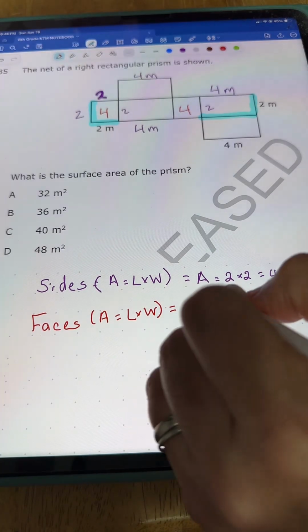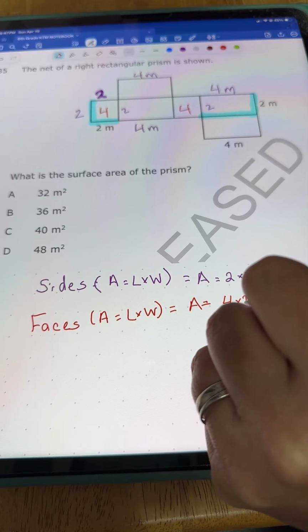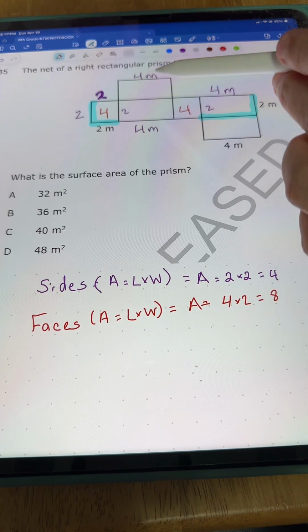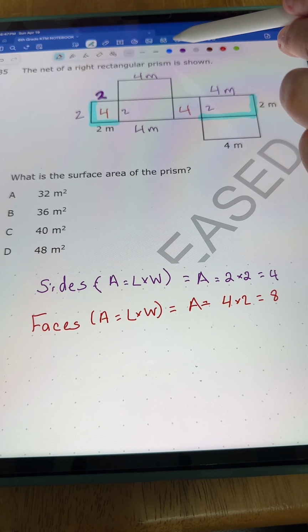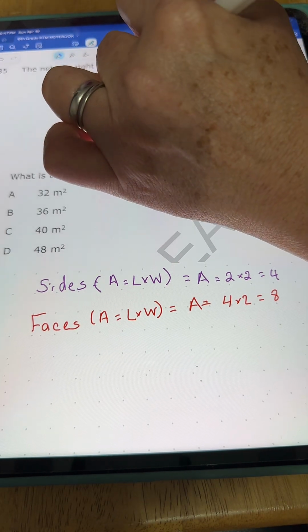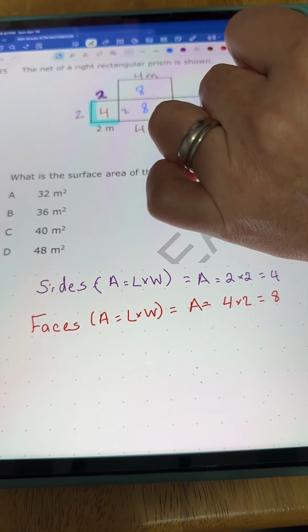It does not matter which is which. So we have 4 times 2, which is 8. So the area of each of my rectangles is 8. So I've had some students that want to go ahead and fill that in.